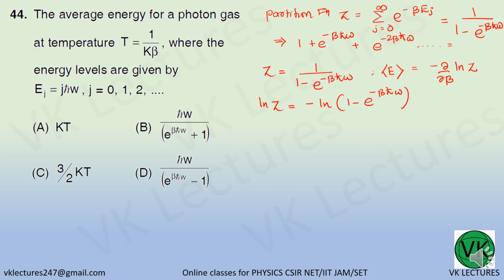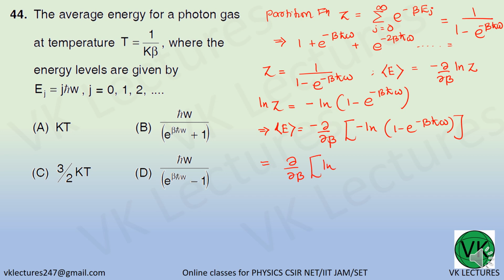Now we need to differentiate with respect to beta. Let's start with the function itself. The average value of E equals minus dou by dou beta of minus log of 1 minus e to the power minus beta h cross omega. Now this we can rewrite as dou by dou beta, minus and minus get cancelled, dou by dou beta of log of 1 minus e to the power minus beta h cross omega.